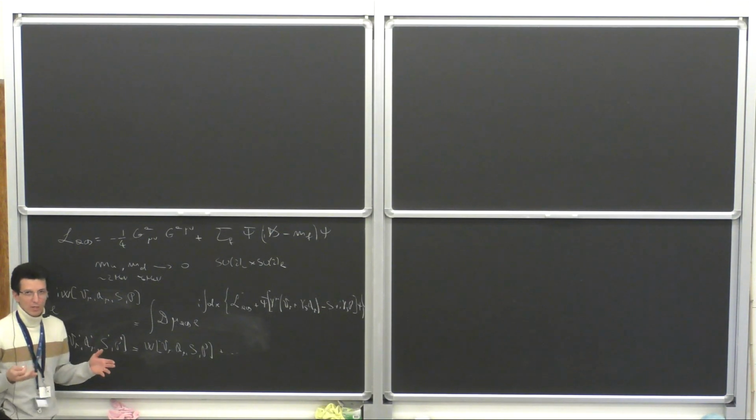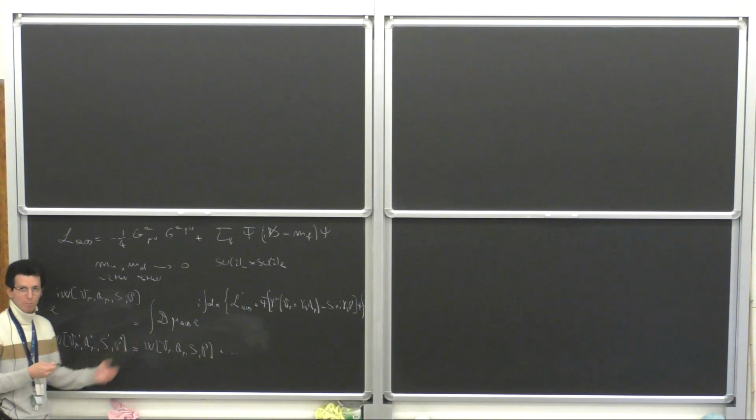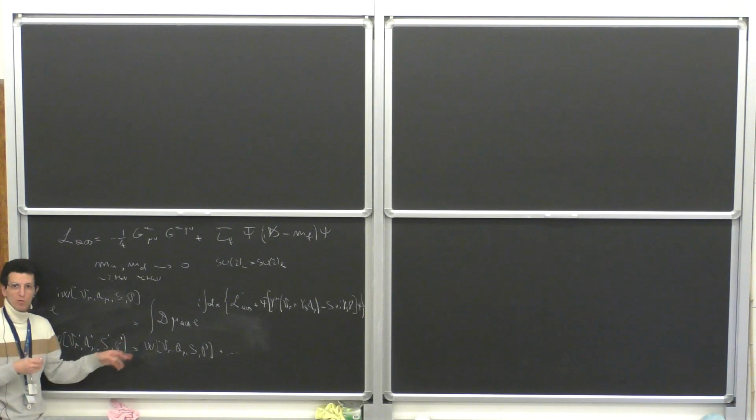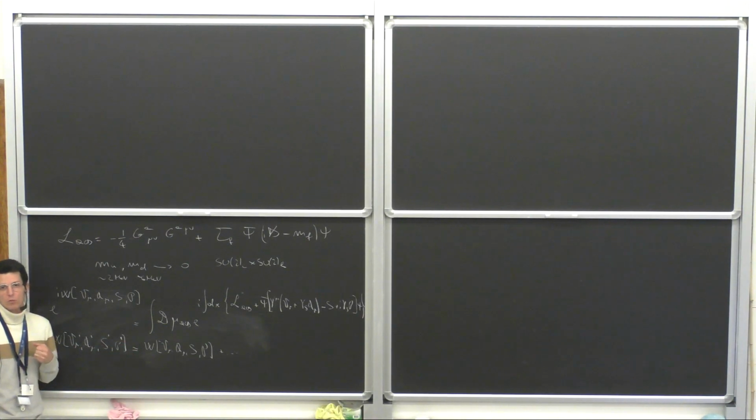This is well known. For simplicity, the important thing is that it is a constraint, where V prime and so on are the transformed sources, transformed under the local chiral symmetry.